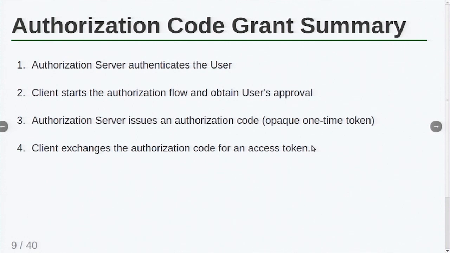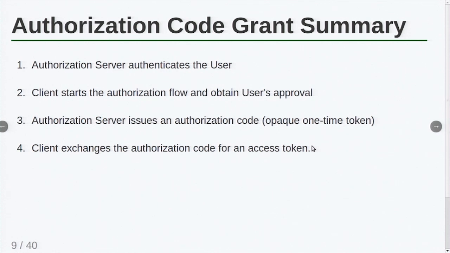The client starts that flow basically by sending the user's browser to the authorization server with some signal of what it wants to do next, right? So the client sends a redirect to the browser, says, go to the authorization server and here's some data that will help the authorization server send the user the redirect back to me.